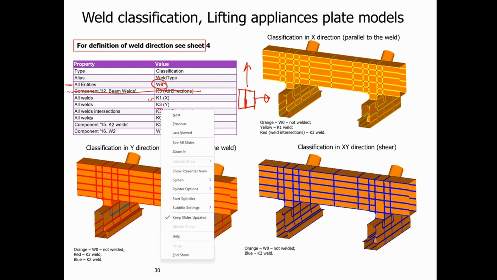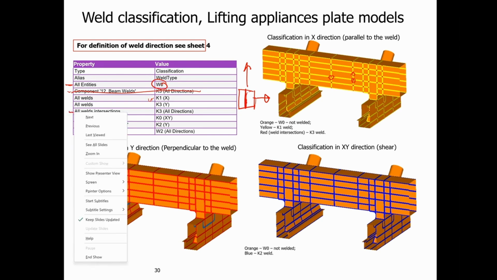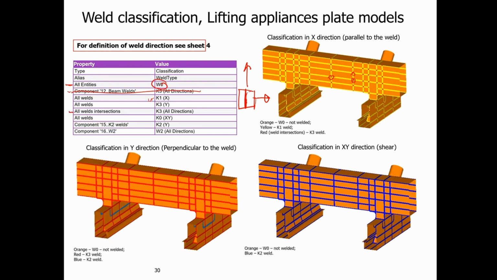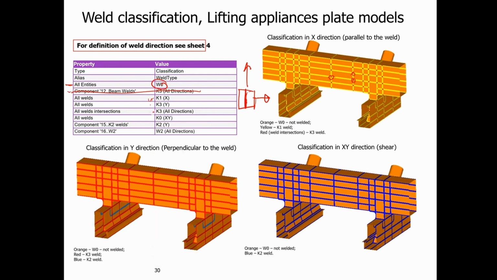And then I have weld intersections. What are weld intersections? You can see them over here. If I have welds which cross, I always have a stress which is perpendicular to one of the 2 welds. So for all weld intersections, we override that value with the lowest of these 2 classes, which is of course the K3.